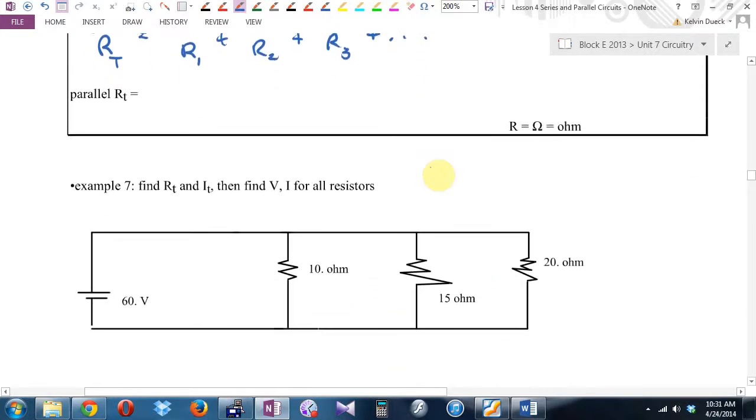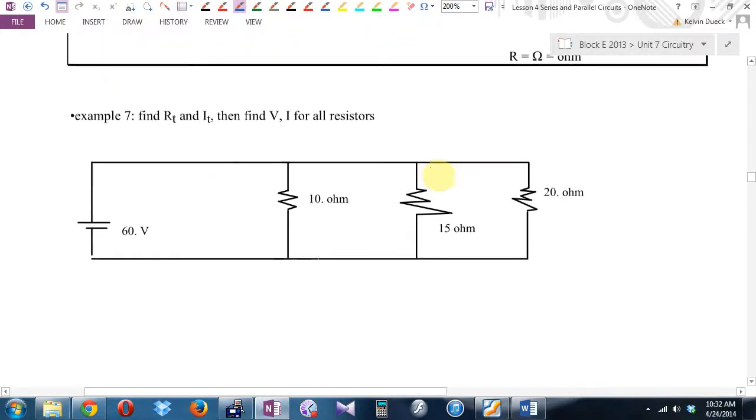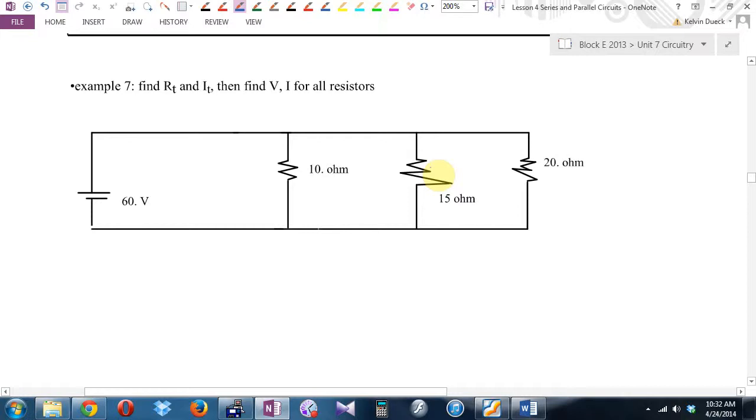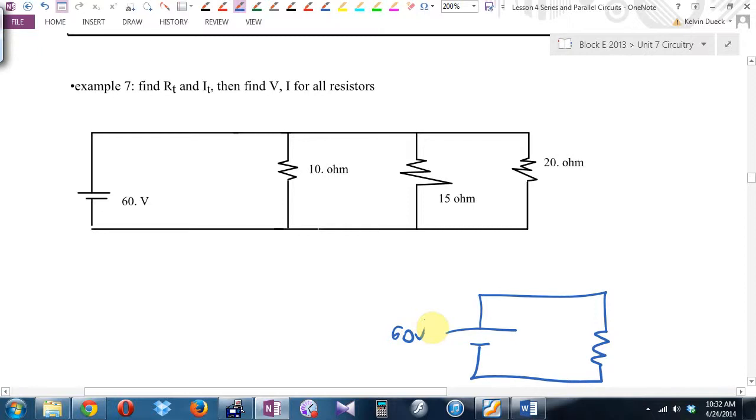Example 7 says find R total and I total and then V and I for all resistors. So what I'm going to do is find the mathematically equivalent circuit, with a voltage of 60 and a mystery single resistor. Did they give me total current? Anywhere? No. Did they give me a resistor with 2 pieces of information?